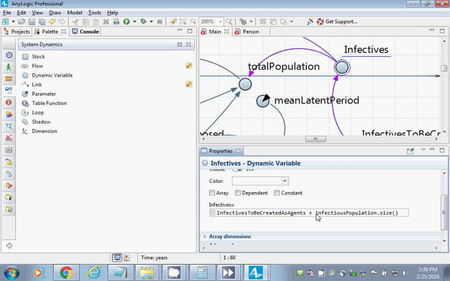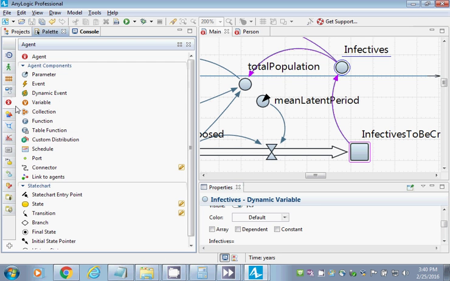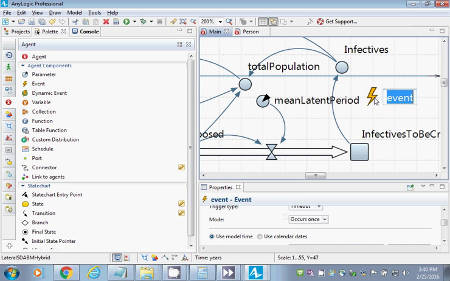Now, this event is also going to be a different sort than you've seen. The trigger type is not timeout, nor is it a rate. It's a condition. Ladies and gentlemen, this event will fire when infectives to be created is greater than or equal to 1.0. Why does it have false in there originally?